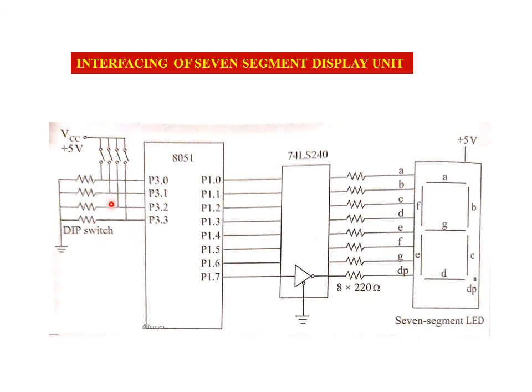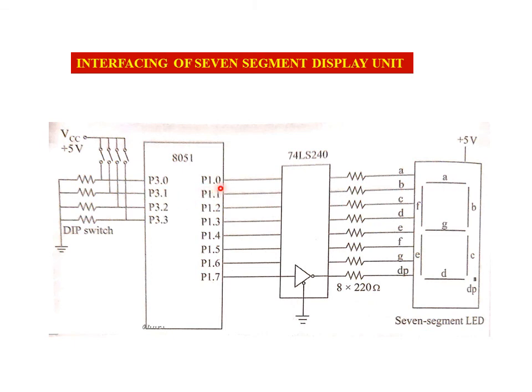They may be logic 0 or logic 1, from 0 0 0 0 to the maximum 1 1 1 1. Port 3 is used as the input port and port 1 is used as the output port.